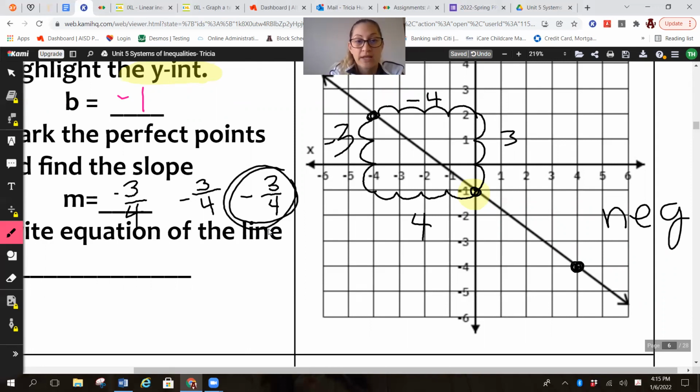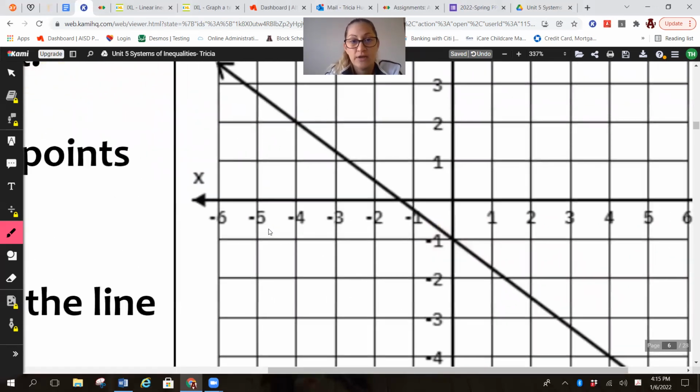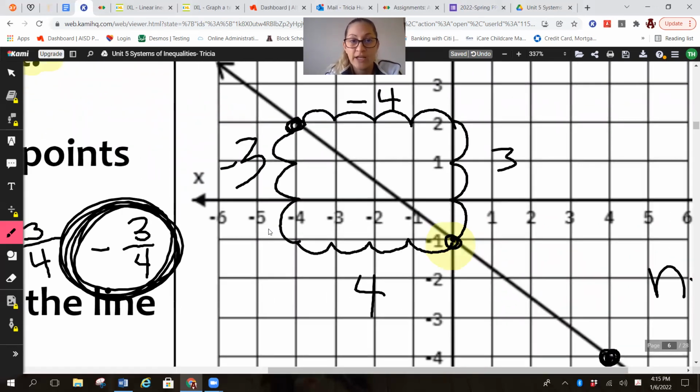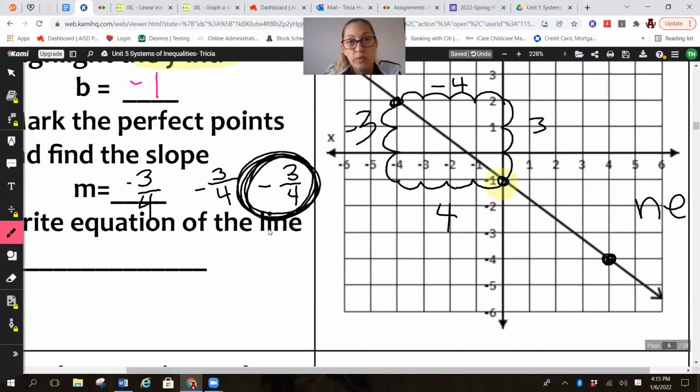So the best practice is to just put the negative in front of it, then put the 3 over the 4. Because as you can see, you could go down and the negative is attached to the 3. You could go to the left and the negative is attached to the 4. That's why we put the negative in front, because we don't know what you, the student, will use.